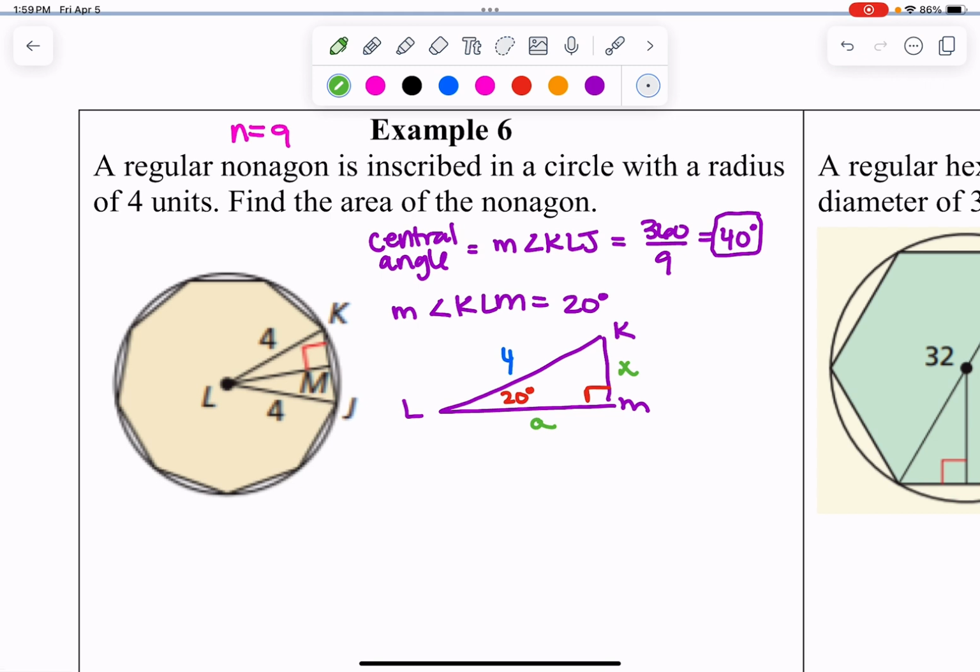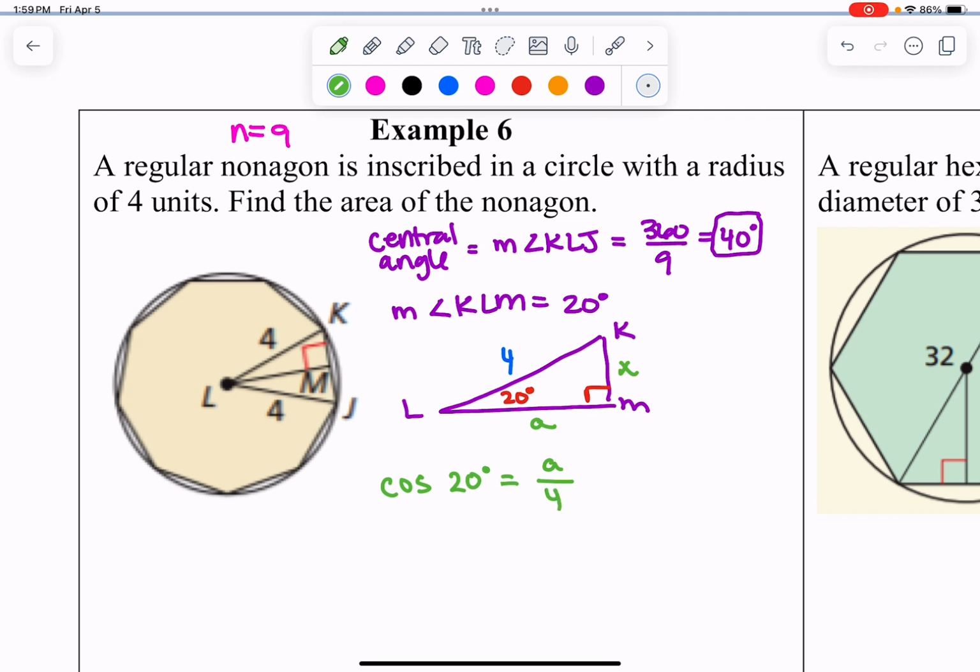So if I take a look at my right triangle here and my 20-degree angle, I've got the hypotenuse, and A is the adjacent side. So in my SOHCAHTOA saying, that would be the cosine. So I can take the cosine of 20 degrees is equal to my adjacent side A over my hypotenuse 4.